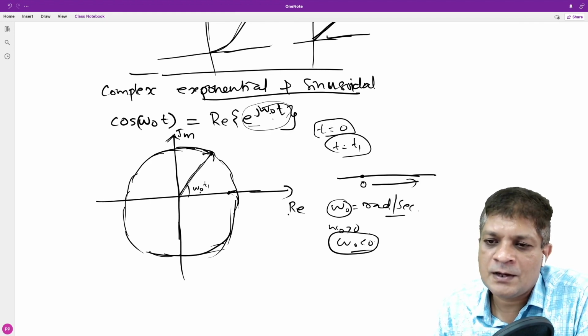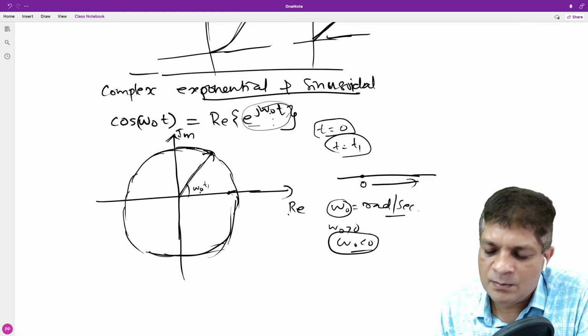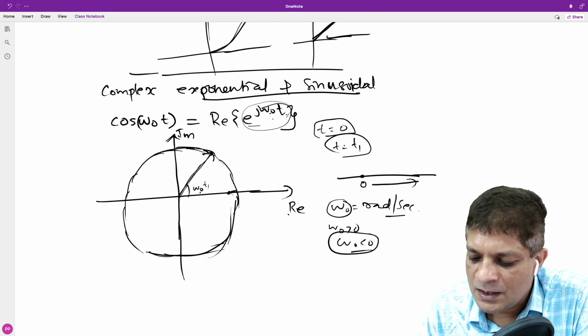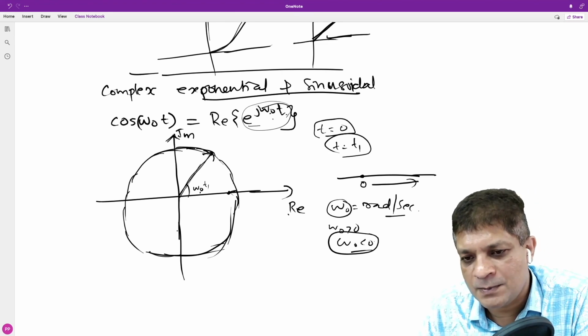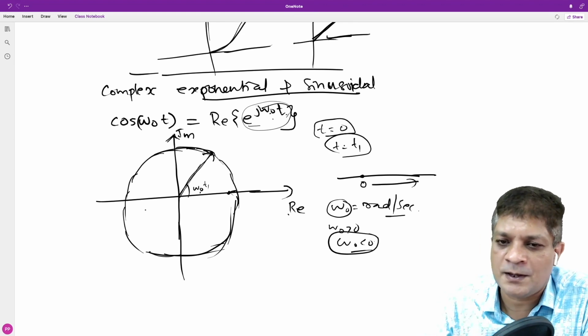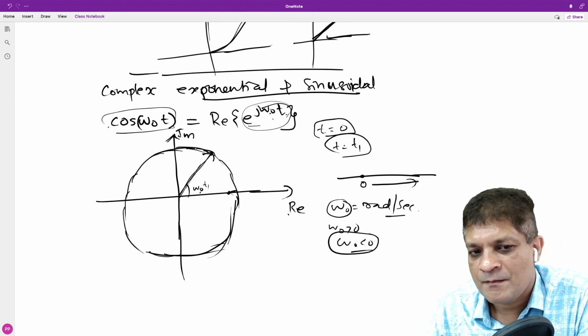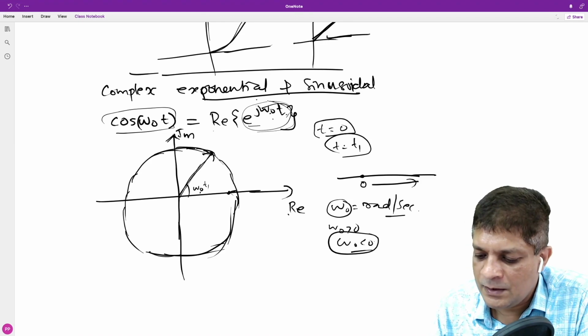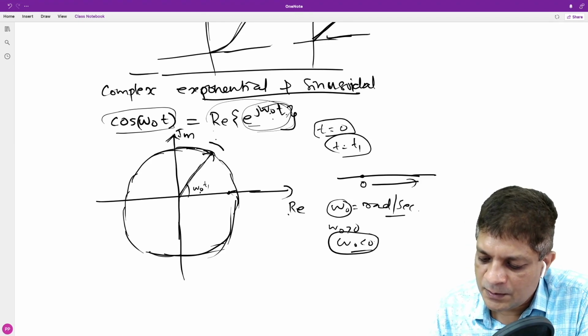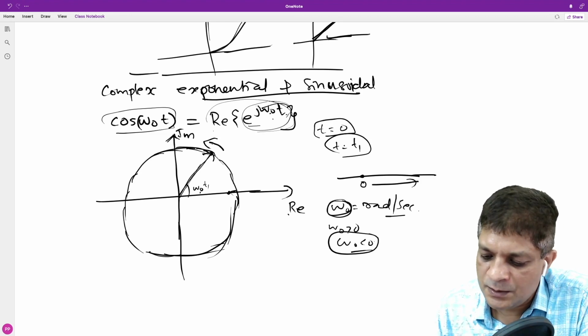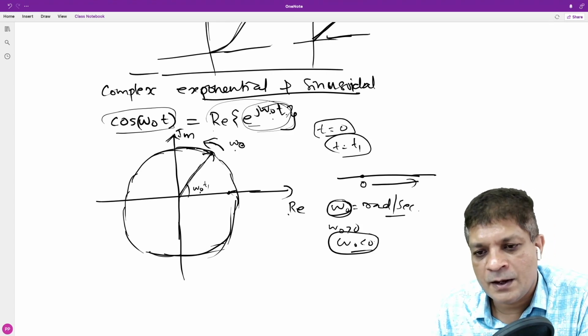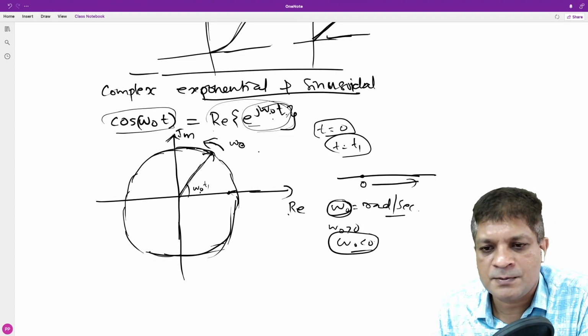So anyway, we can represent this complex exponential signal as a rotating phasor in the complex plane. And what is cos omega naught t? It is the real value. So this phasor is rotating. For example, if omega naught is greater than 0, it is rotating in the anti-clockwise direction with an angular frequency omega naught radians per second.